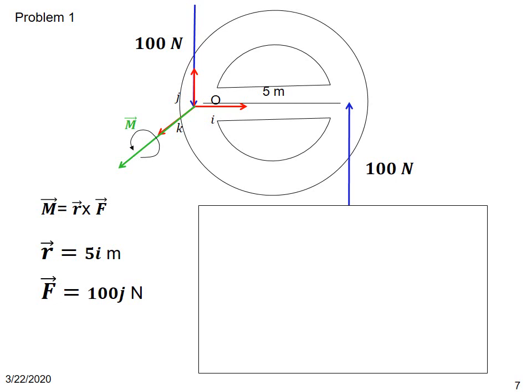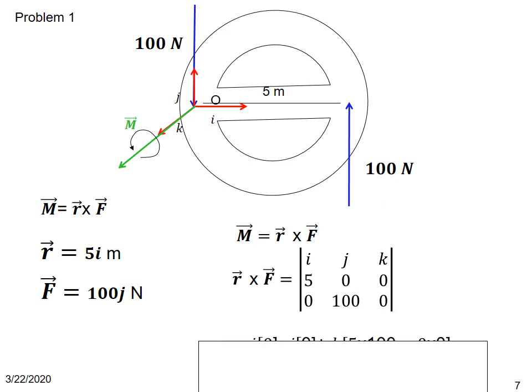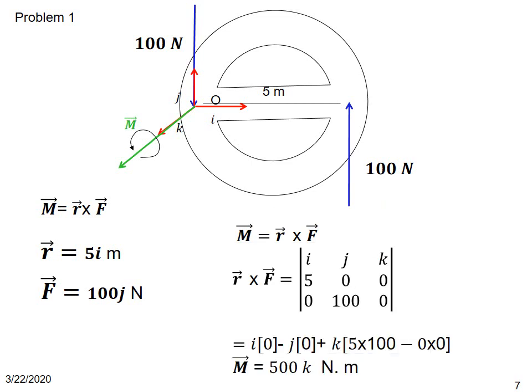The position vector of the point of application of this force from O is 5 meters in the I direction, so the position vector is 5I. So the couple moment is R cross F.